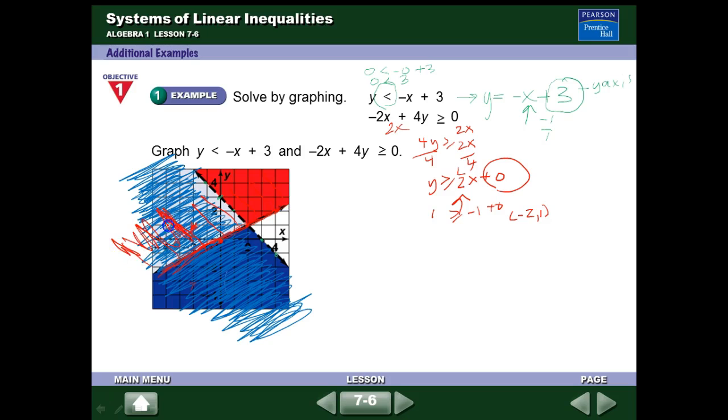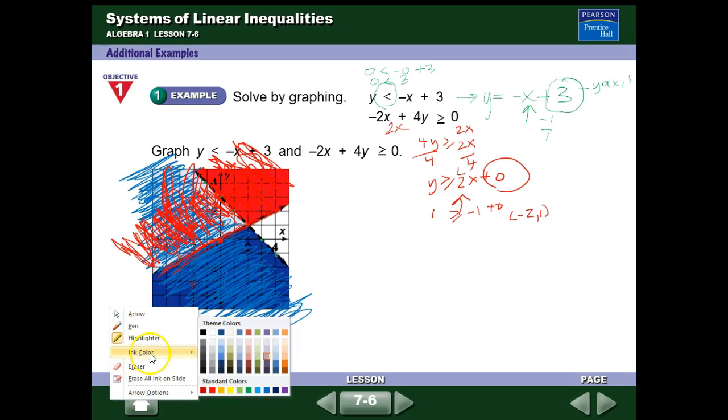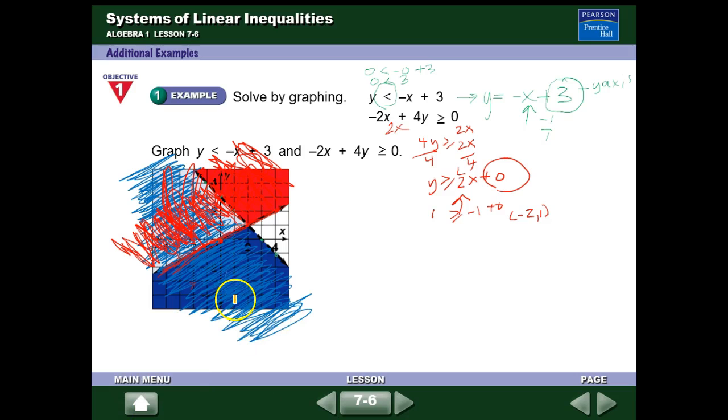So that means I need to shade this way, which you can tell they've already done. However, they did not include the overlap. So they're trying to make the overlap easy to see here. So as you can see, I'm shading in this whole area. Now, the point of today is finding where we overlap.